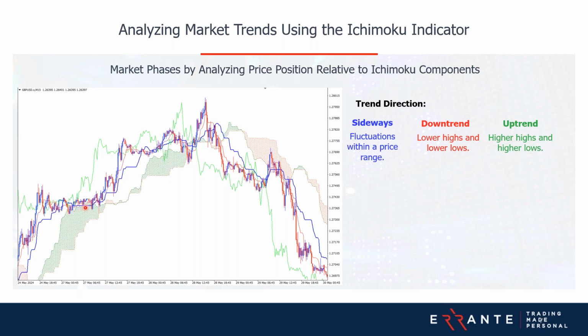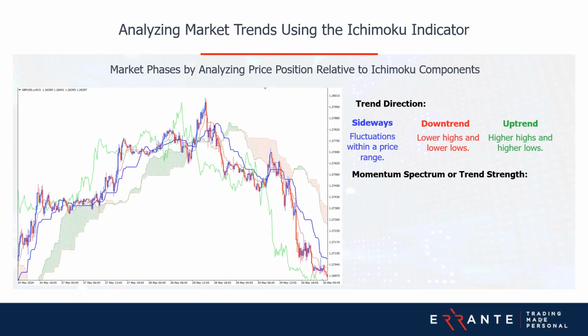We see the Tenkan-sen and Kijun-sen are not moving too far, so they're almost flat, and they have an interchanging role against each other, crossing each other in different ways, frequently or time by time. So this is a clear indication of being in a sideways market.